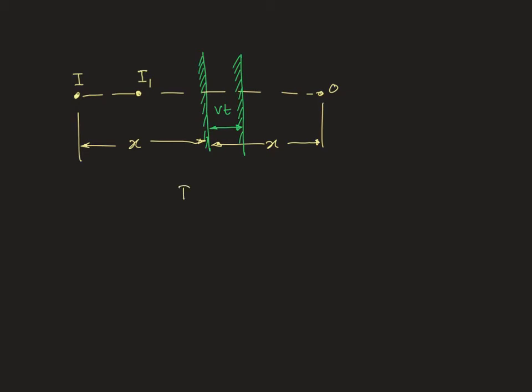What is I1? The new position of the image. Now this distance is x minus vt. The distance from the new image to the new position of the mirror is also x minus vt.